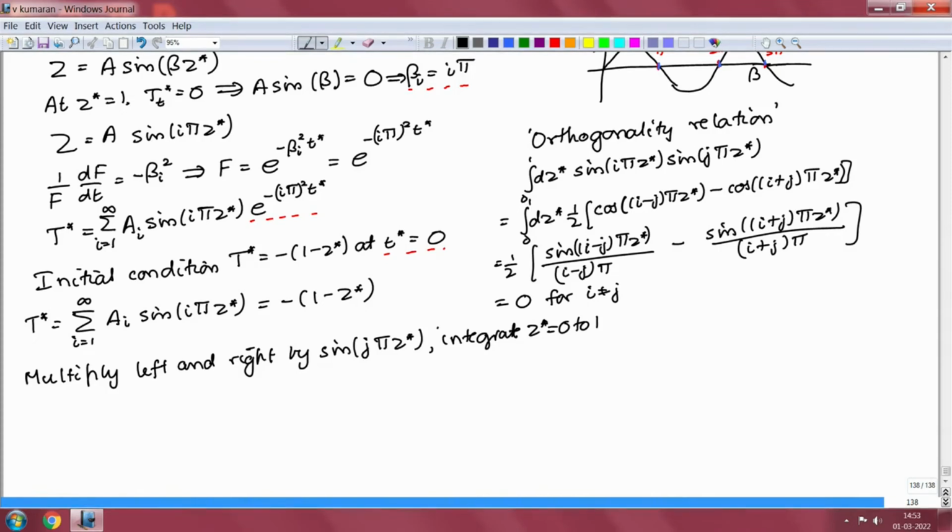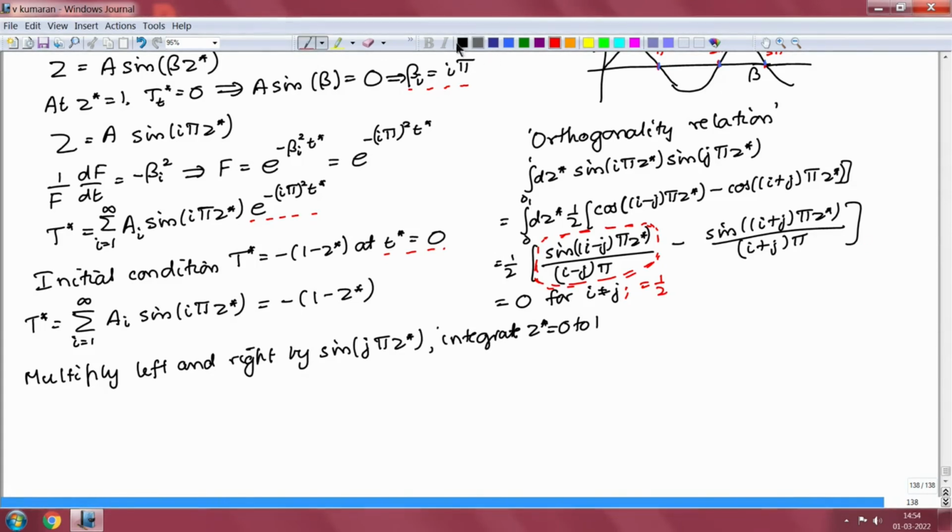When i is equal to j, this first term here is of the form 0 by 0, and therefore, I have to take the limit of the numerator and the denominator going to 0. If you do that, what you will find is that this is equal to half. This term here in the red will tend to 1, because sine of a z is proportional to a z. So, because of that, this will turn out to be equal to 1.